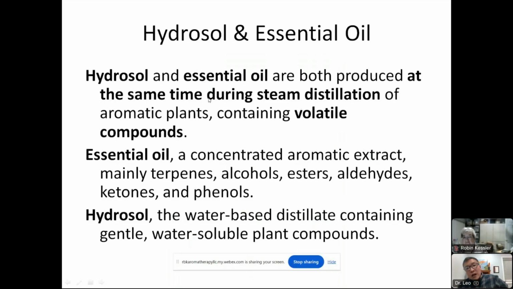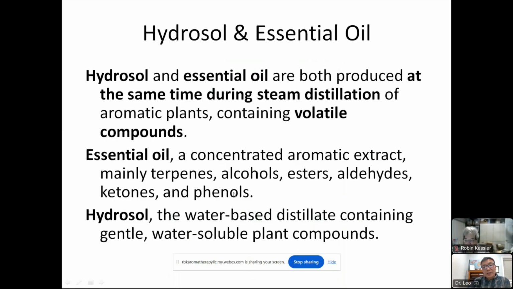First, hydrosol and essential oil are made at the same time during the distillation. They both collect the volatile compounds, and volatile compounds are where we smell the scent of the herb. Essential oil is a concentrated aromatic extract.